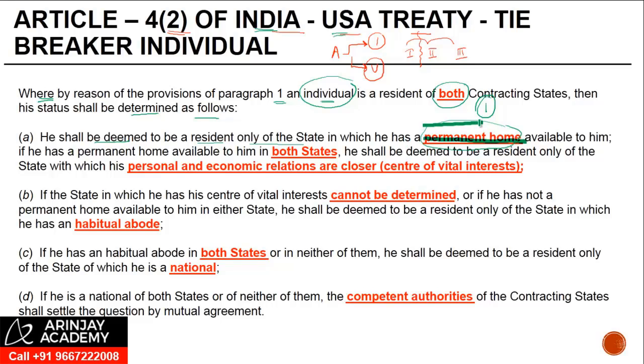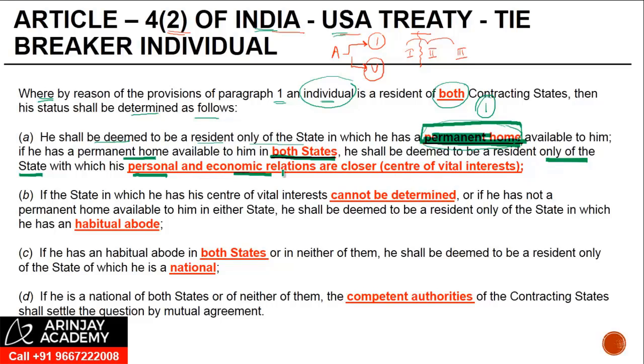While we will discuss what the permanent home criterion is, what you need to note here is that the word used is permanent, right? And permanent, as you all understand, means something which is from a longer term perspective. If he has a permanent home available to him in both states, which means India and US, he shall be deemed to be a resident only of the state with which his personal and economic relations are closer.